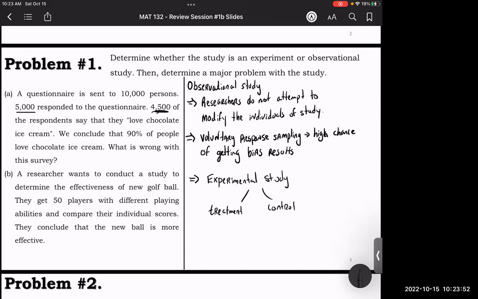Well, what's one major problem here? What seems off with the experimental study that was conducted in 1B?